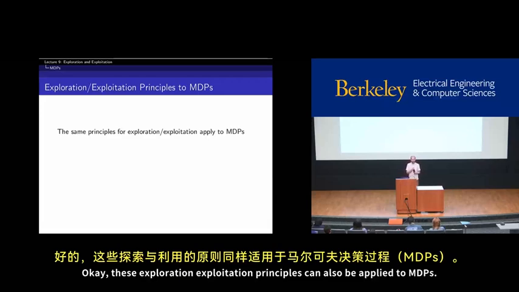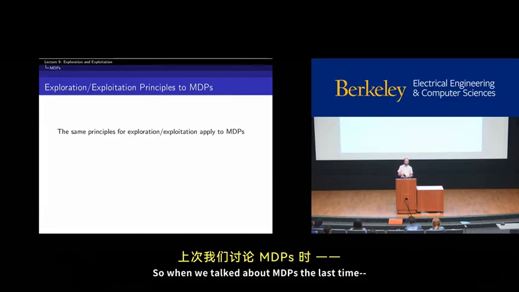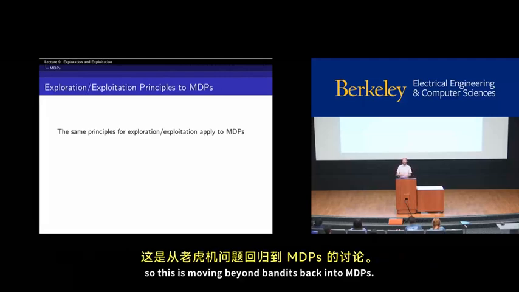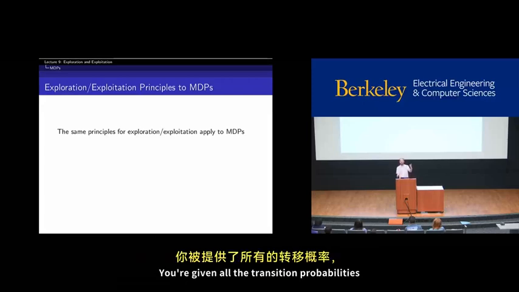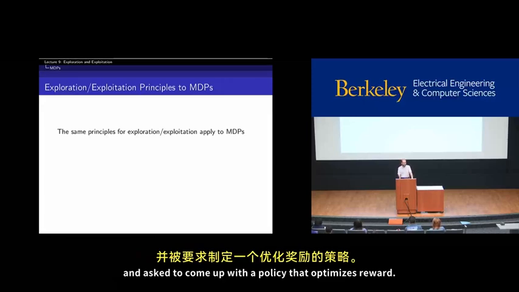These exploration-exploitation principles can also be applied to MDPs. So when we talked about MDPs the last time, so this is moving beyond bandits back into MDPs, the MDPs were known. You're given all the transition probabilities and asked to come up with a policy that optimizes reward.